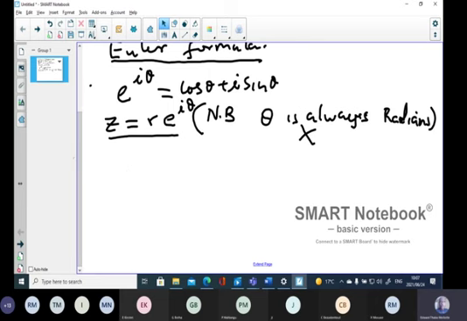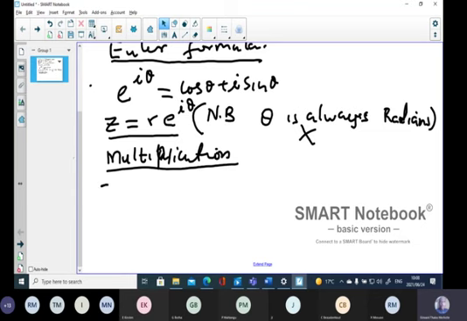Now let's deal with multiplication. Remember, we did multiplication for polar form. It will be something similar to that.